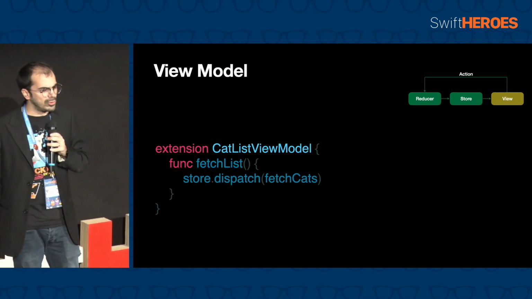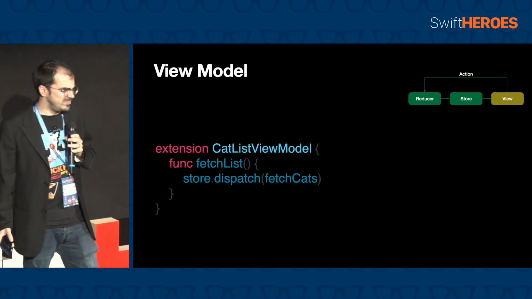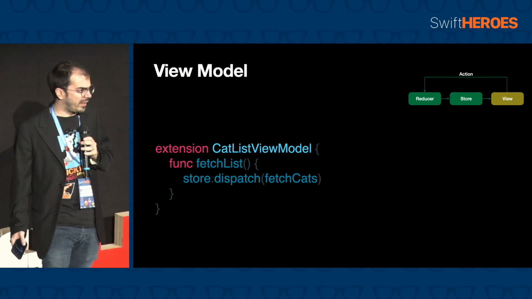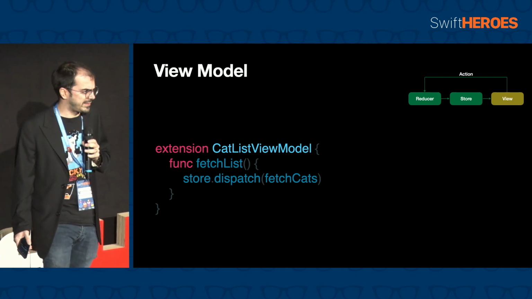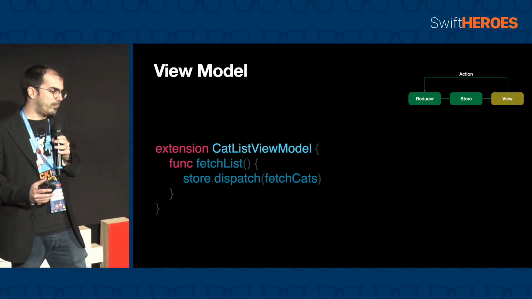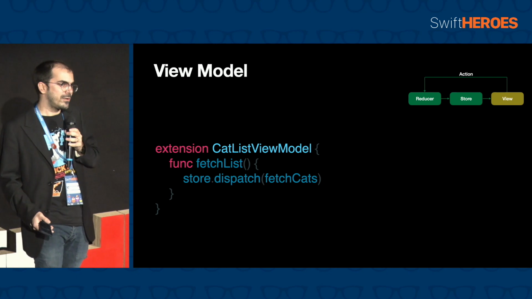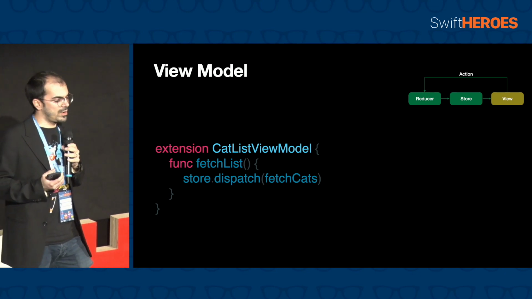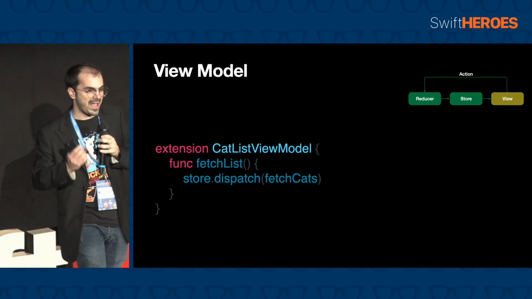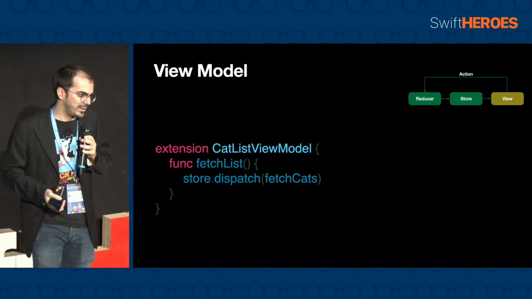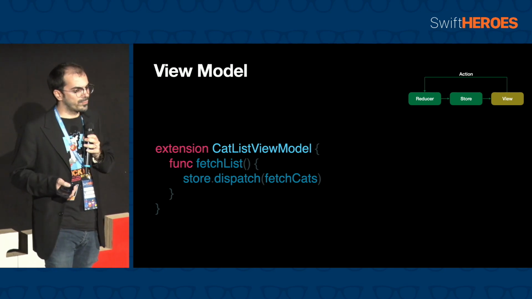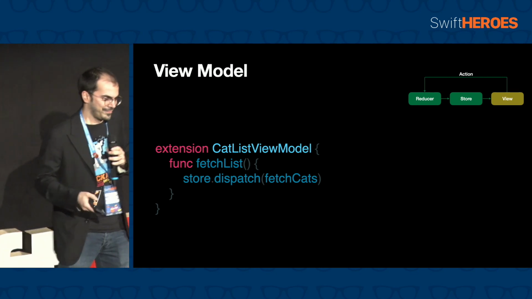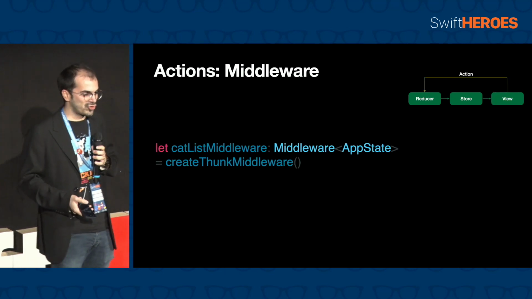ReSwift handles this kind of stuff in a lot of ways, but they suggest to use an extension library which is called ReSwift Thunk, that basically adds one component to our diagram, that is the middleware, that has the aim to catch the asynchronous action, which is called Thunk, we will see in the next slide, and execute it. I don't want to spoil it too much.